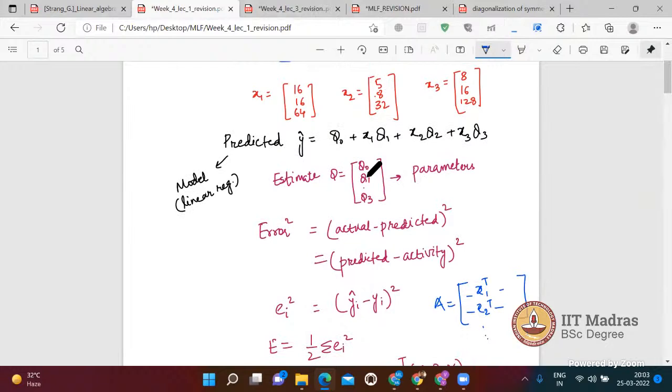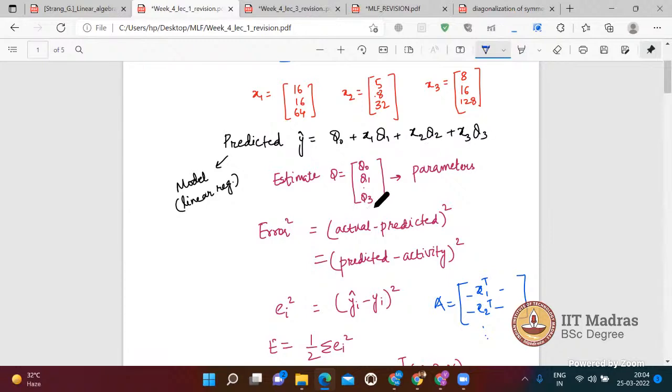Theta 1 tells you, if we keep all other things constant, how much change will happen if we change x1 by 1 unit. So this is simply the weight corresponding to x1, and likewise for x2 and x3.